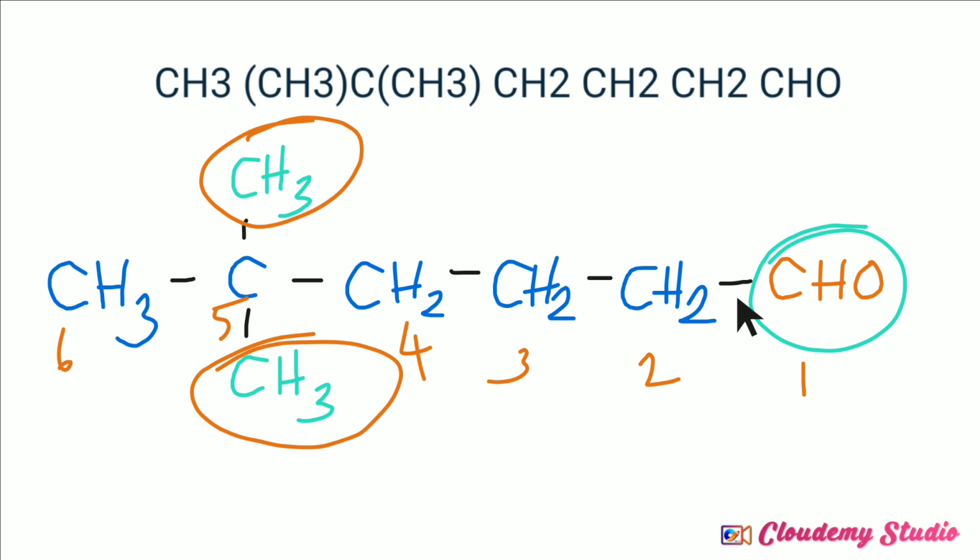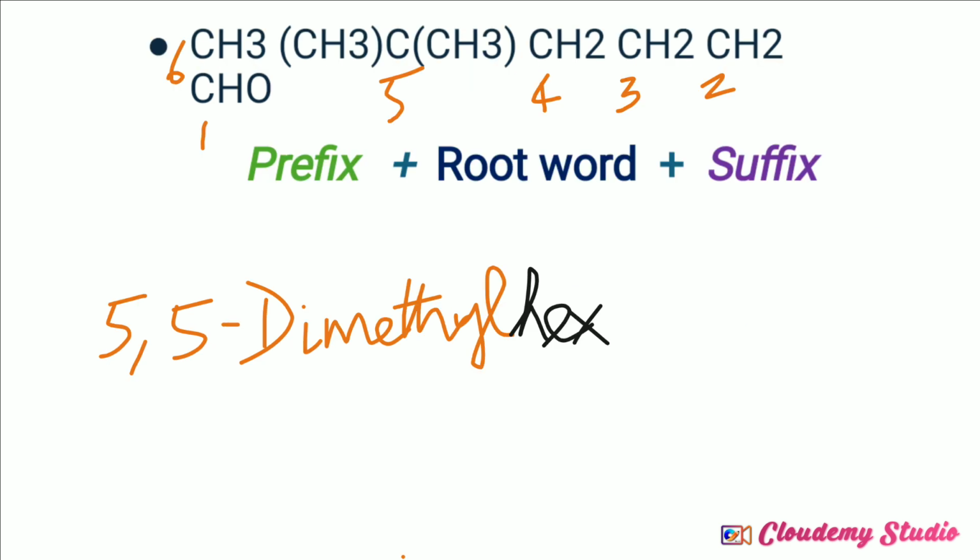Single bond. Carbon to carbon single bond is present. So the primary suffix will be an. If a carbon to carbon single bond is there, the primary suffix will be an.